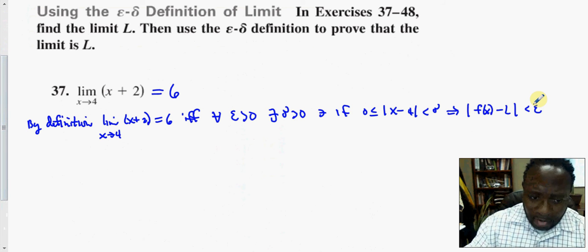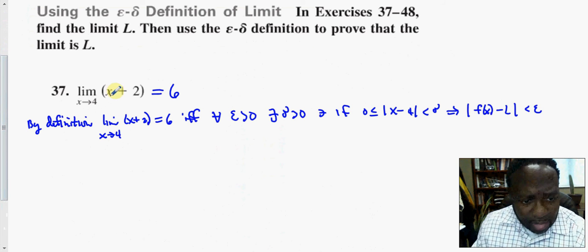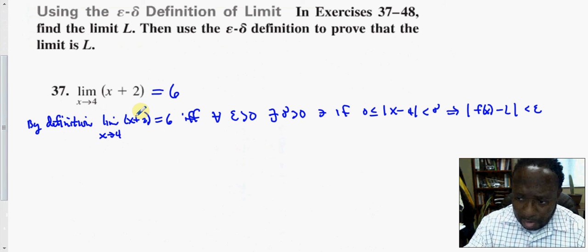Now I'm going to replace the f of x with what it is, that's x plus 2, and I'm going to replace the L with 6.